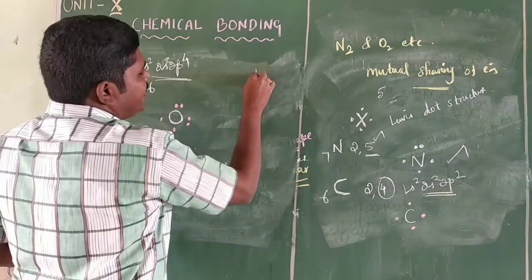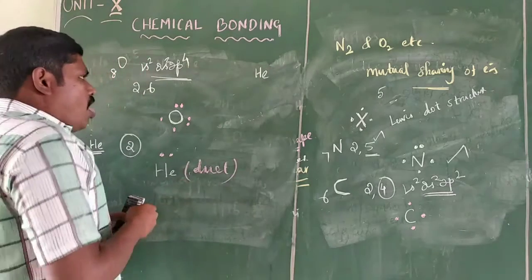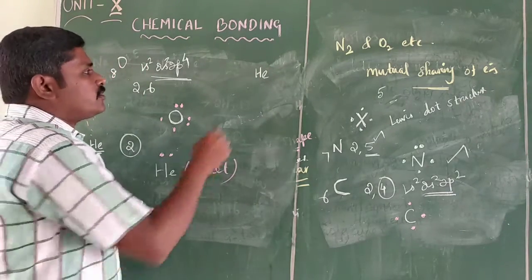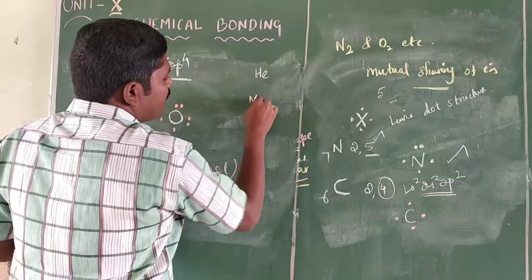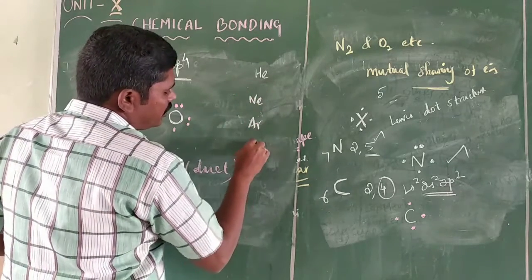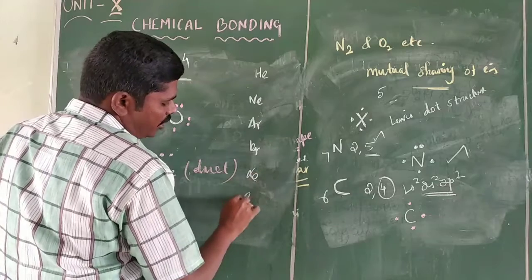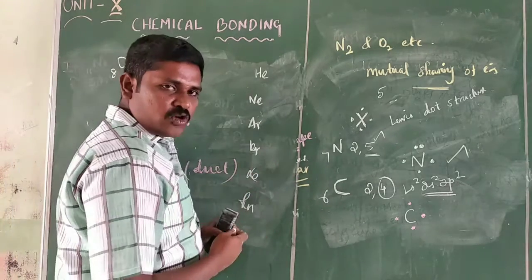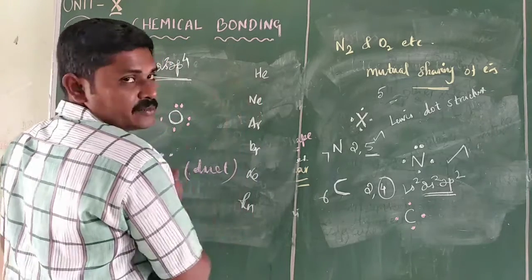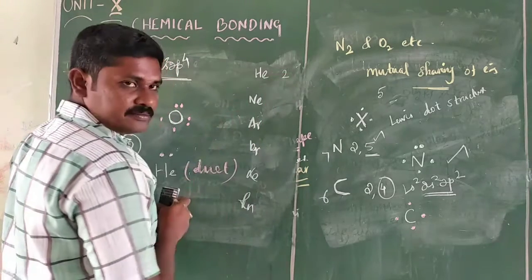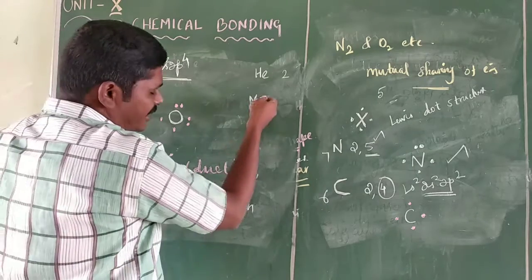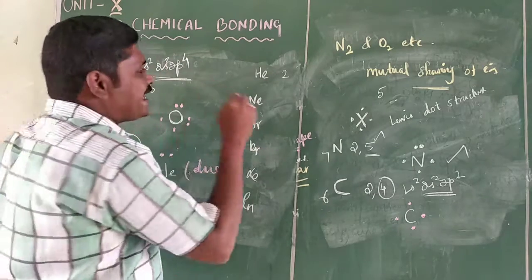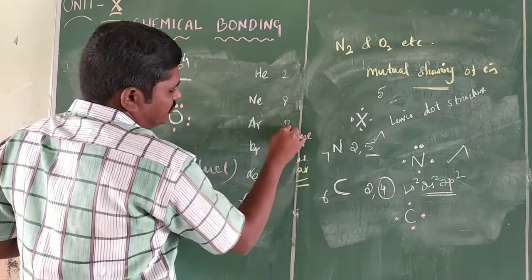The noble gases helium, neon, argon, krypton, xenon and radon have 8 electrons in the outermost shell, except helium having 2 electrons.